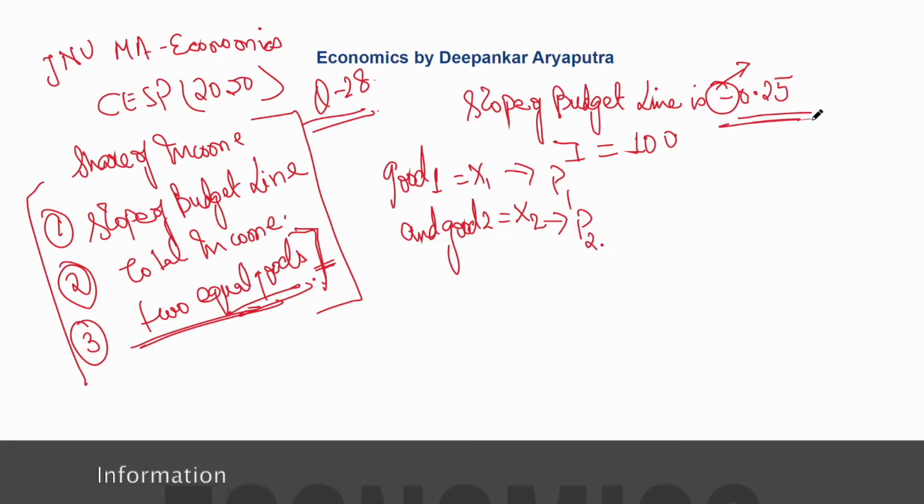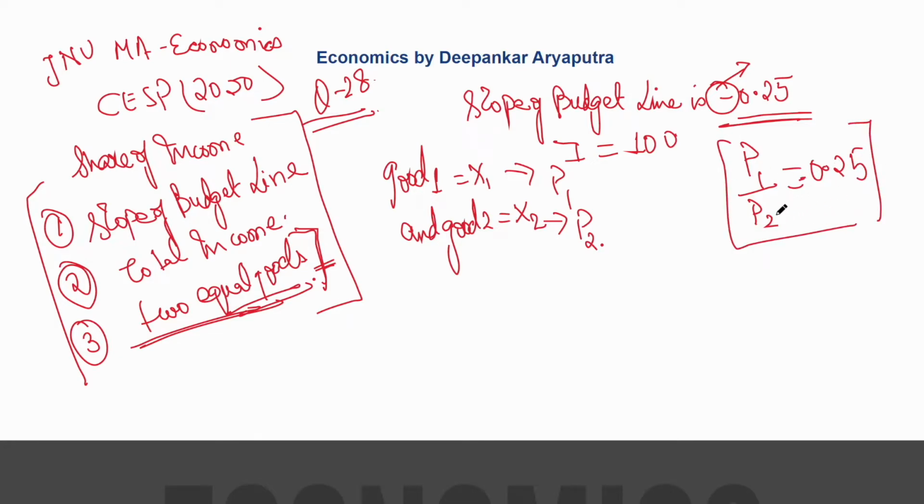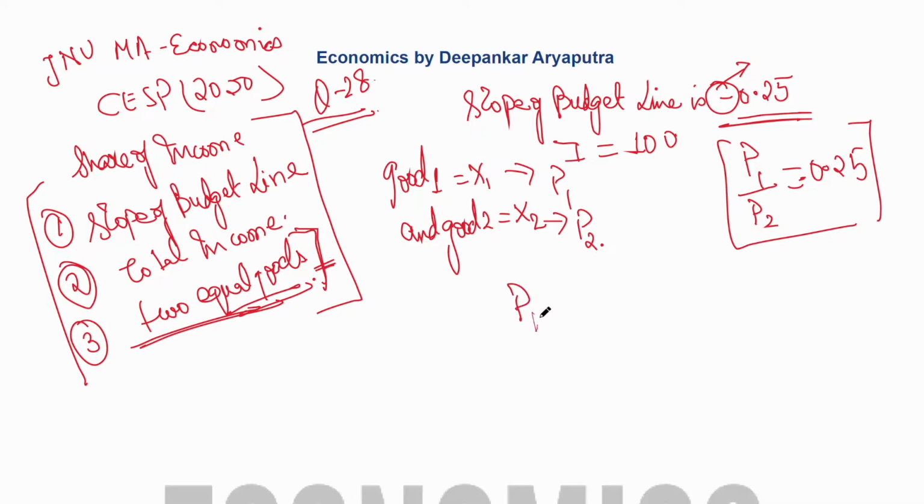So when this slope is given, what do we mean by this? This slope is p1 by p2 is equal to minus 0.25. So we can say p1 is equal to 0.25 p2. This means that the price of p1 is one fourth the price of p2, or we can say p2 is p1 by 0.25.